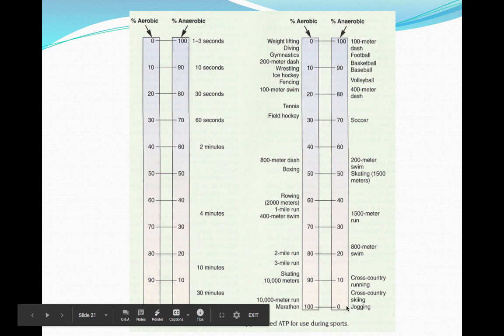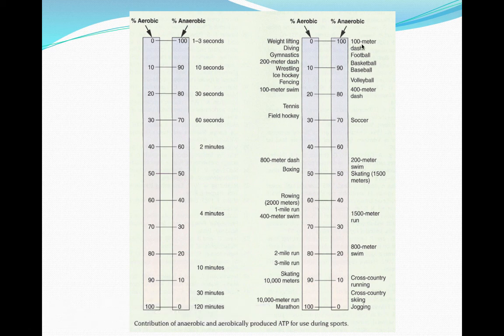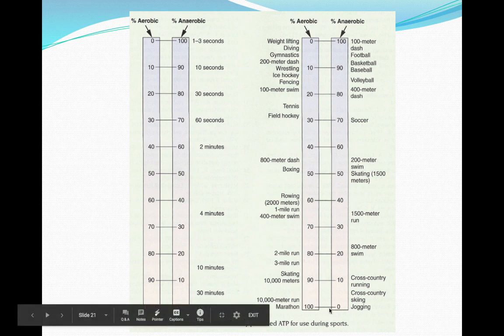When you're jogging, you've got 100% aerobic, 0% anaerobic, although we know there's going to be some contribution, all the way up to 100% anaerobic for that 100-meter dash because you're staying in the phosphagen system, and then 0% aerobic. So it's showing you all these different examples down this continuum, if you will.